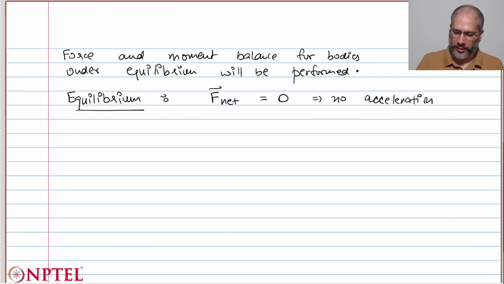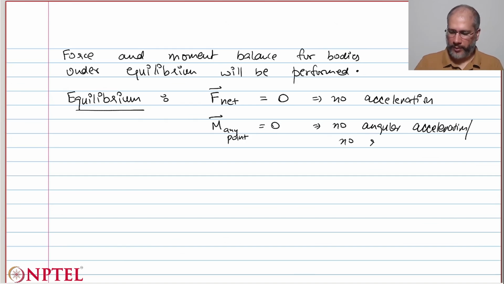And we also write that the net moment of the forces acting on the body is also zero, but since moment has to be defined around a point, we say that the net moment of all the forces acting on the body around any point is zero, which basically means that there is no angular acceleration or no rotating omega, because a moment can also result in the axis of rotation rotating, like you have in gyroscopes. So this is the meaning of equilibrium.